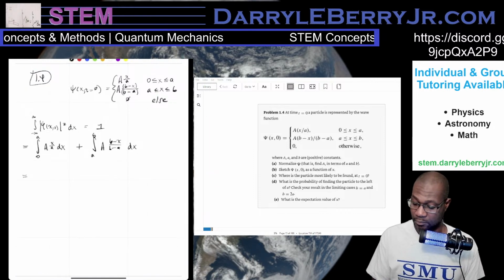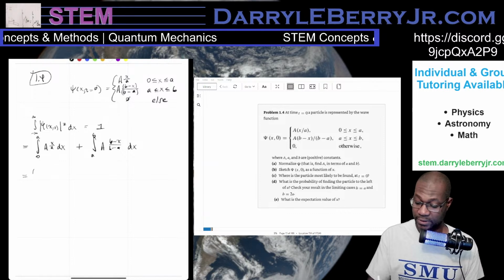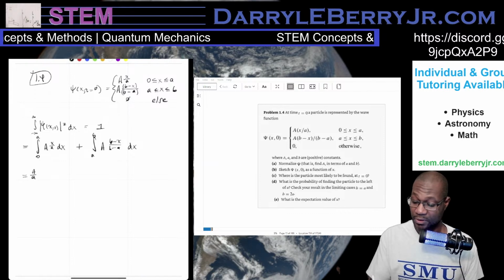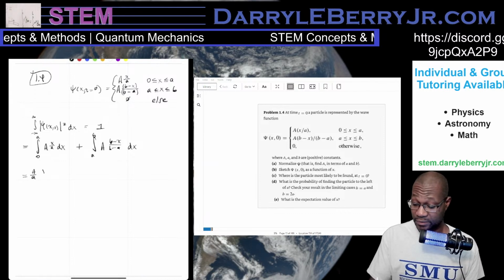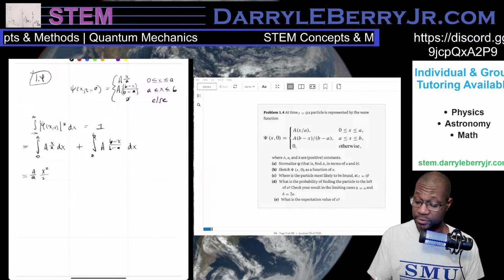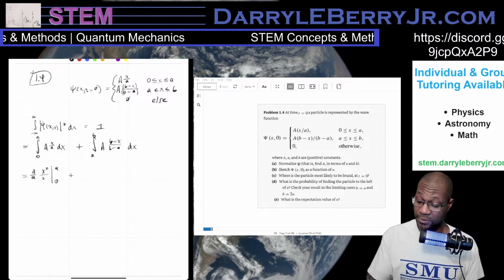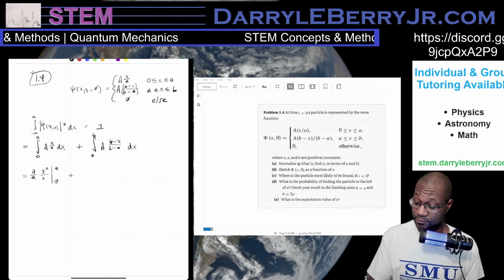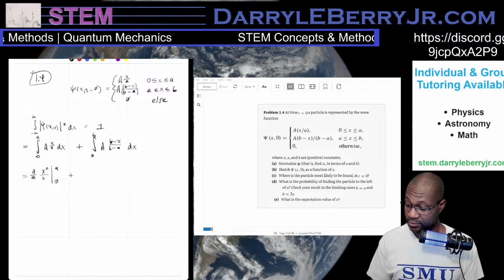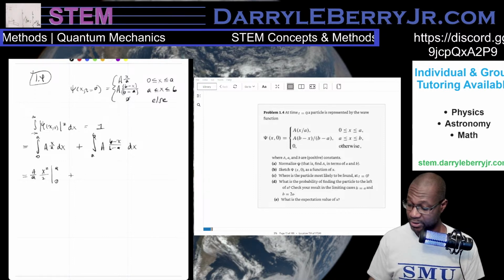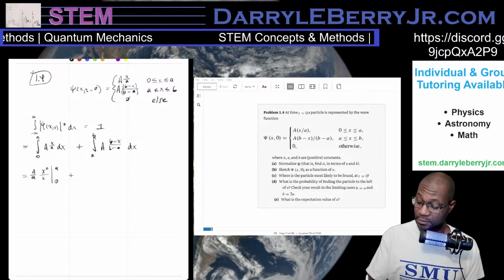So this will be A over a, and that's just x, so that's x squared over 2, from 0 to a, plus. This one is a bit more complicated, actually it's not.